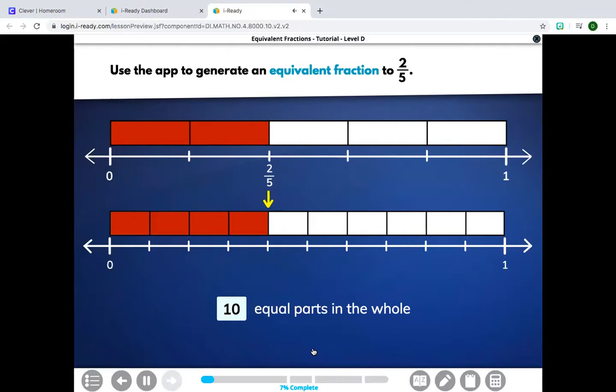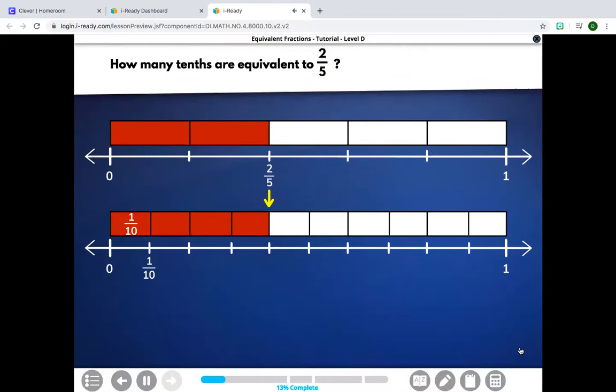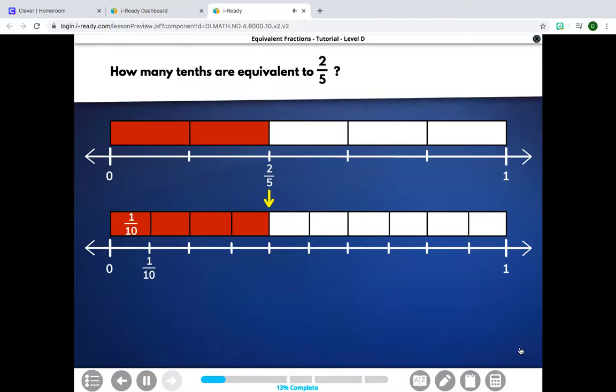If we divide the whole into 10 equal parts, we can name a fraction equivalent to 2/5. We divided the whole into 10 equal parts. So each part is 1/10.